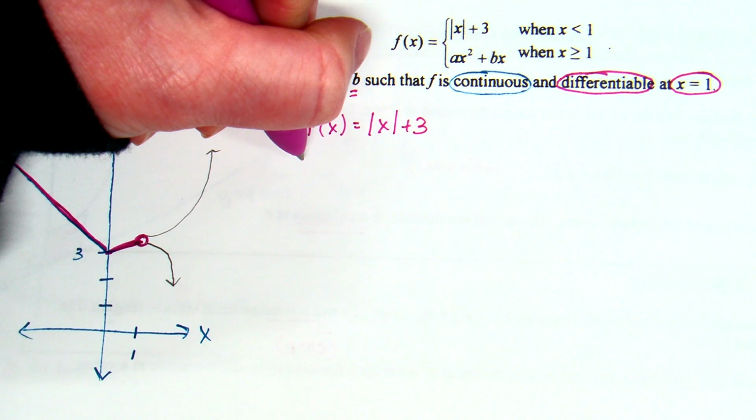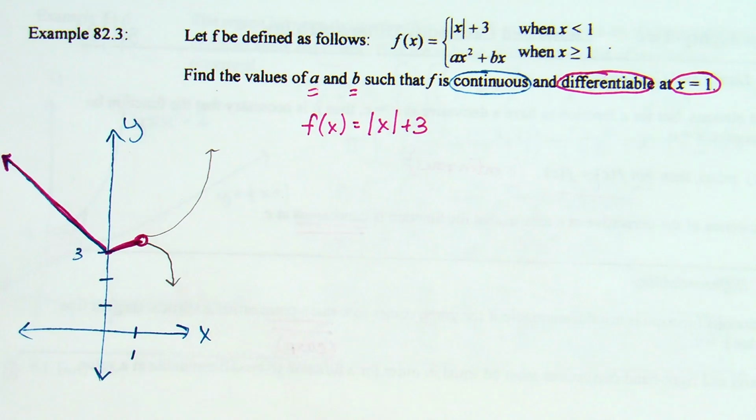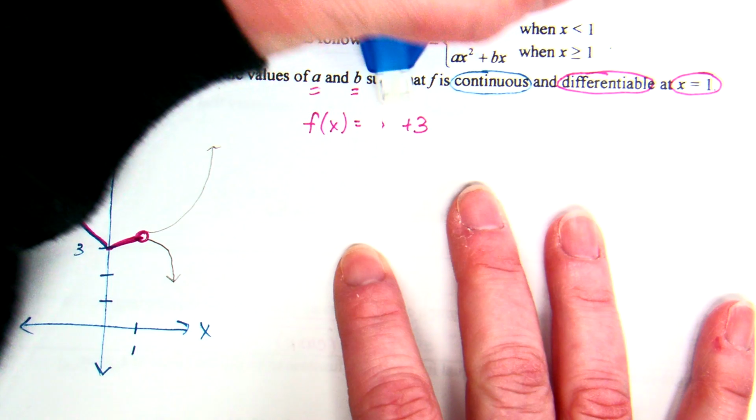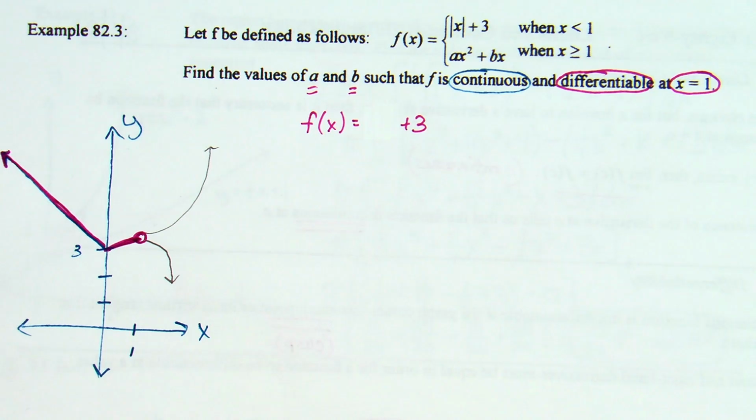Wait a minute. Okay. Hold on. Let me repause that. I forgot about a minor detail. We are looking specifically at where? At 1, yes? Over here doesn't really matter. Because we already know there's a sharp point right here, yes?